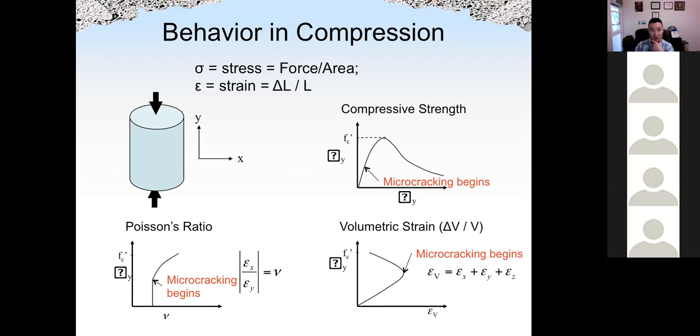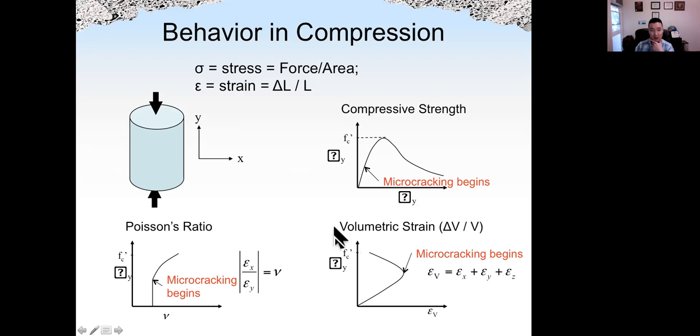When we compress the concrete cylinder in the vertical direction, in the horizontal direction it will expand. The ratio of the strains in the x and y directions is called Poisson's ratio, but that is the absolute value.